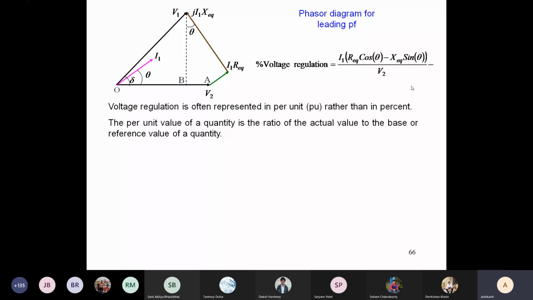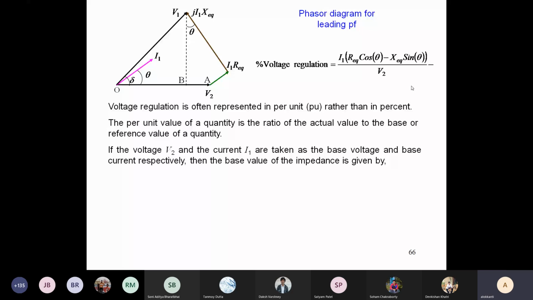Many of these calculations are made with some sort of normalization. The per unit value of a quantity is the ratio of the actual value to the base or reference value of the quantity. Say your voltage V2 and the current I1 are taken as the base voltage and base current respectively.